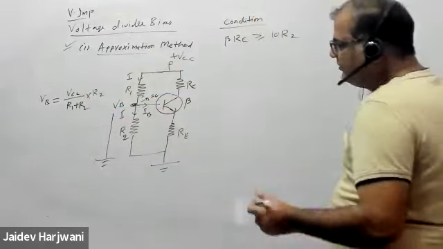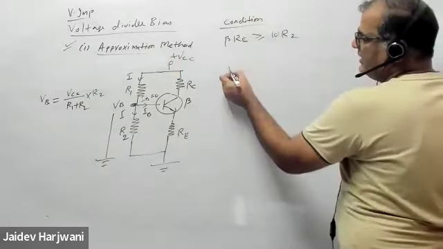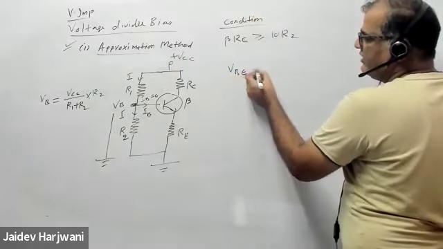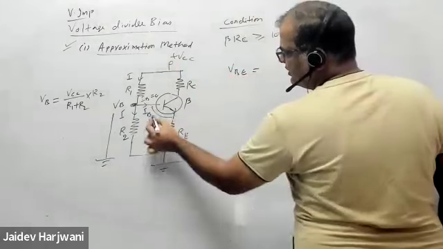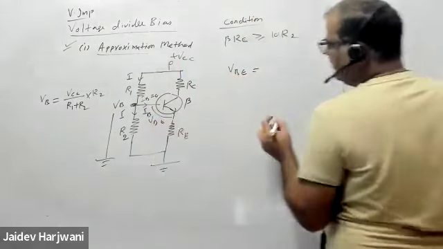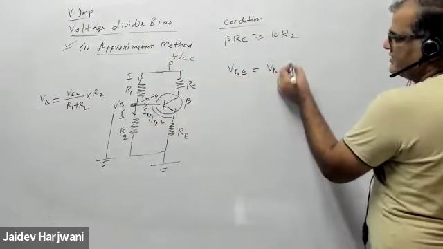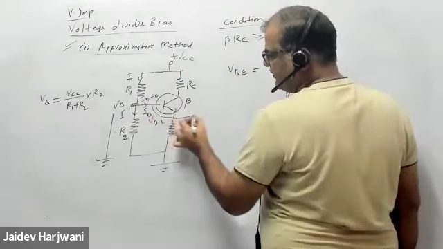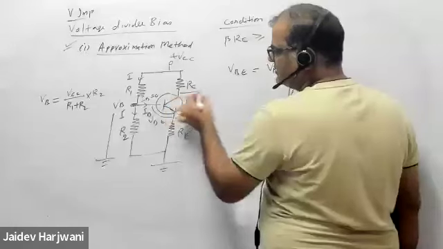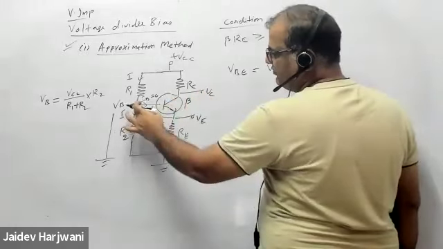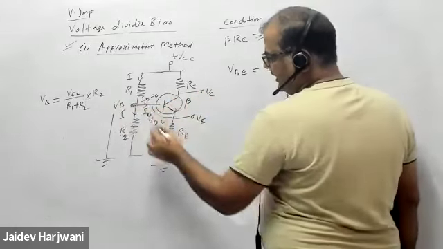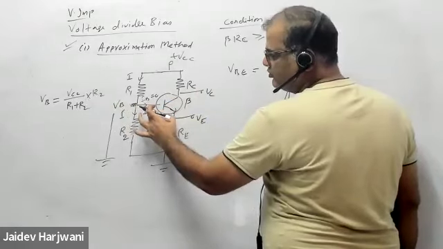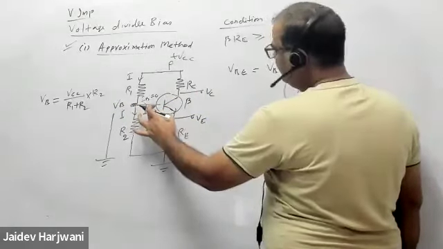Now once you know the VB, you know the VBE. VBE value is given, 0.7. VBE is VB minus VE, this base minus this terminal. This terminal is VE. This terminal is VC. Now you know the VB here, and VBE 0.7 is given.